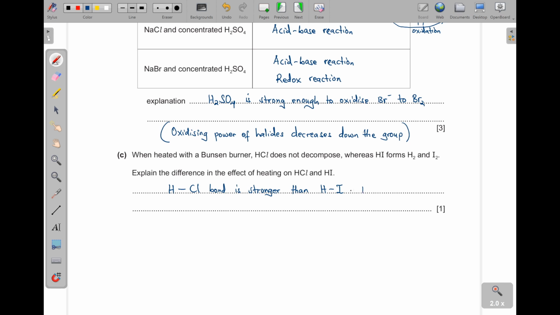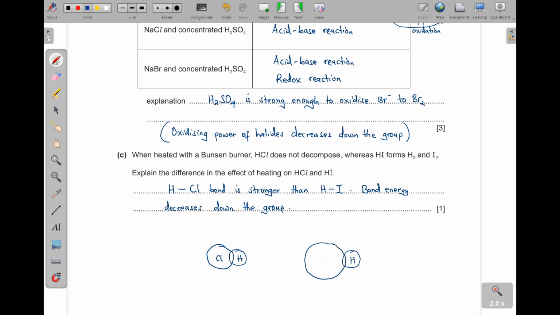So why? Bond energy decreases down the group. Now, why is it decreasing down the group? Chlorine, remember, is small, so with hydrogen here, but then iodine is very big, so with hydrogen here.